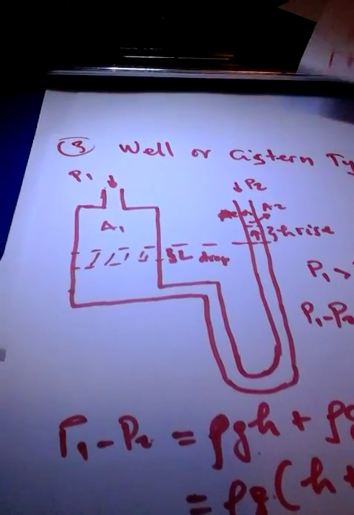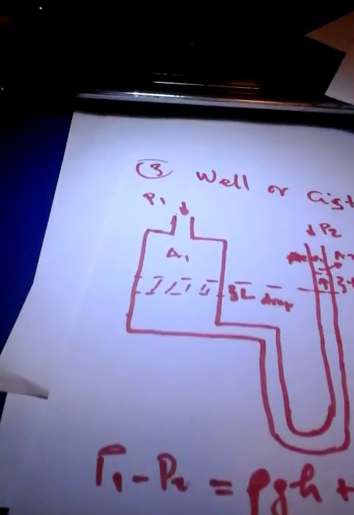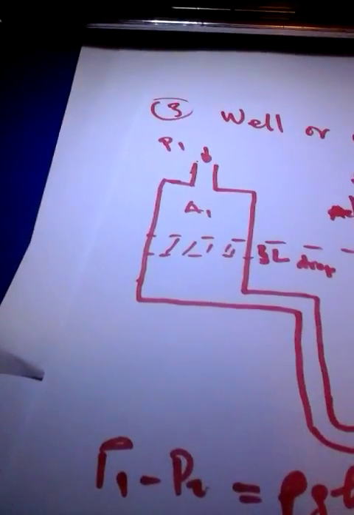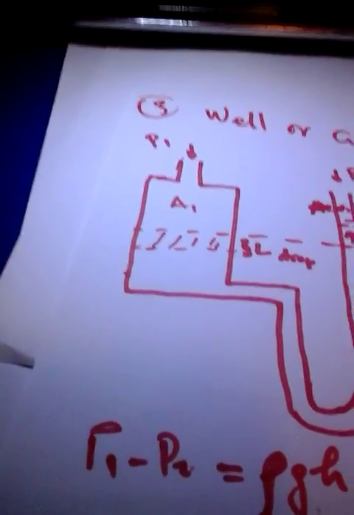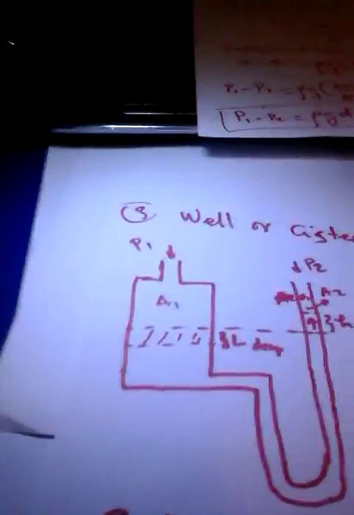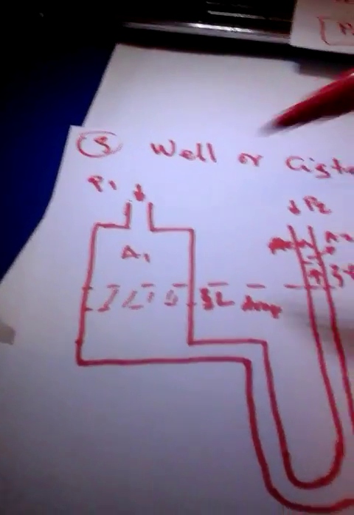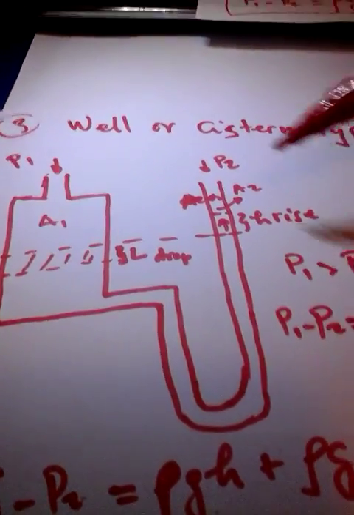If I can go back to the inclined tube, also remember to indicate P1 and P2 on the sketch. So there is P1 coming there on the inclined tube, and also P2 on the other side. That's how I found differential pressure. Okay. Then on the well type, we have P1 coming there and P2. This is area 1 and area 2.